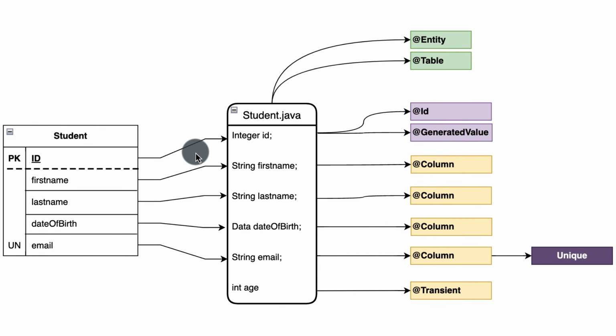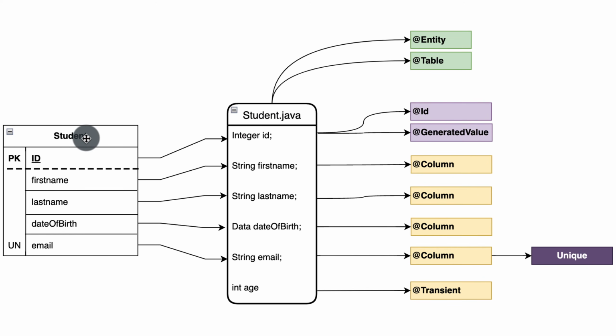All right, so in order to do that, first of all, we need to add some information or some metadata to our student class. In order for Hibernate and Spring to know that a Java class is an entity or a model or a table representation from our application, we have one annotation that we need to provide. The first one is this annotation called Entity, and the Table annotation is not mandatory, so it's optional, except if you want to provide more information, like a different table name than student.